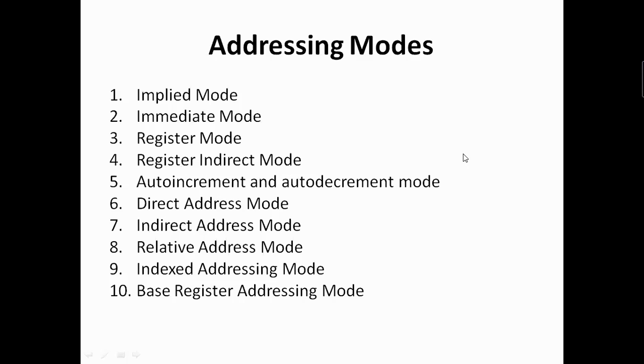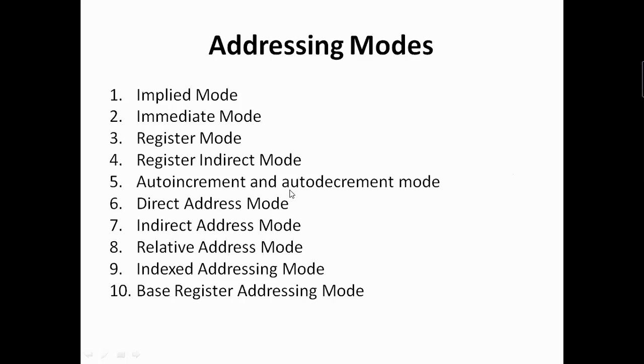If 50 is written in that register, that is, the data is at location 50. So after accessing that data at the operand, it becomes 51. This is auto increment. Or when we go to that register, if 50 is written there, it is decremented. It becomes 49. So the data is at 49.